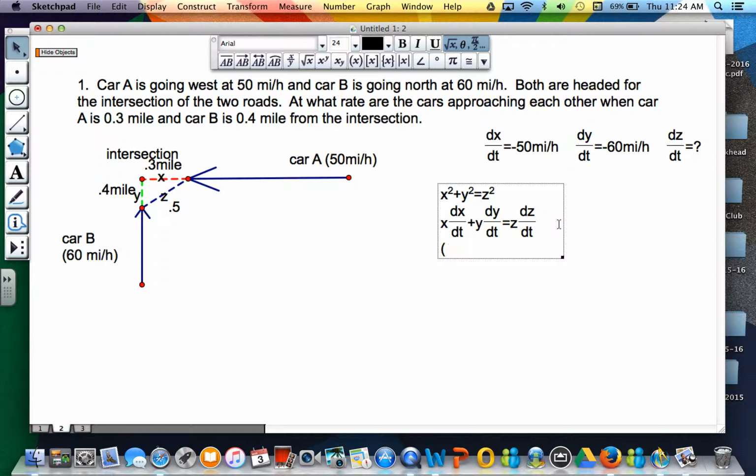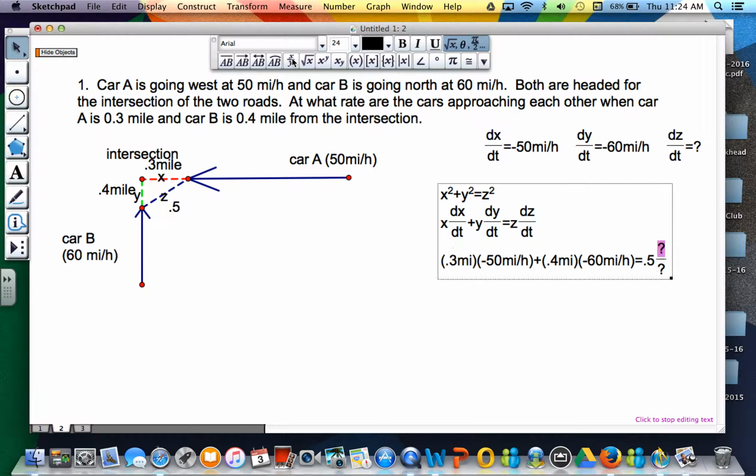So I would have 0.3 times dx/dt, which is minus 50, and this is minus 0.3 miles. Let's keep our units. So I have miles per hour here, plus y, which is 0.4 mile, times minus 60 miles per hour, is equal to 0.5 times dz/dt.